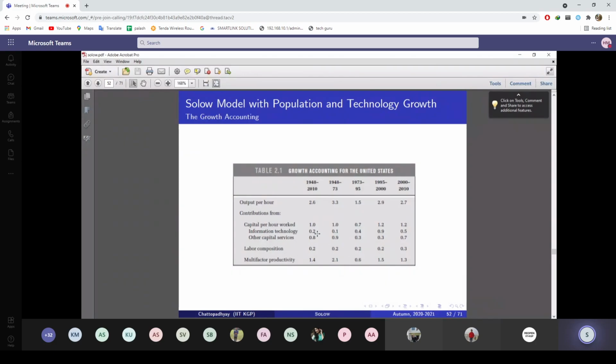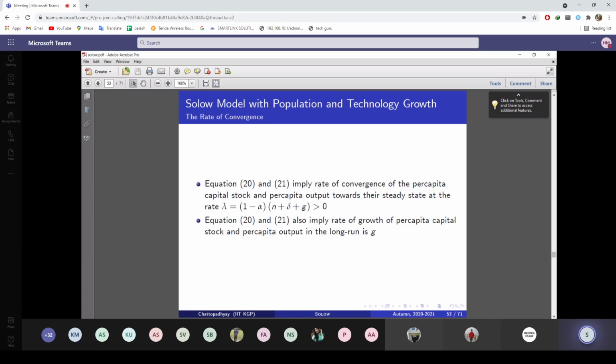The contribution of labor in this growth accounting is almost stable in USA, but there is a fluctuation in capital contribution, and as a result, there is a fluctuation in the technological progress calculation. So this is basically what I have said over here, rate of convergence, and this also I have explained.